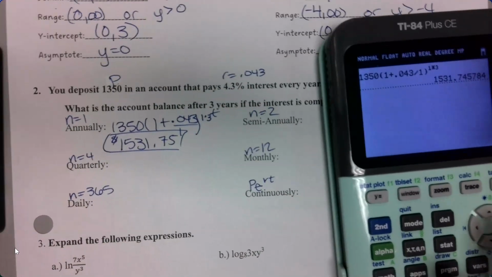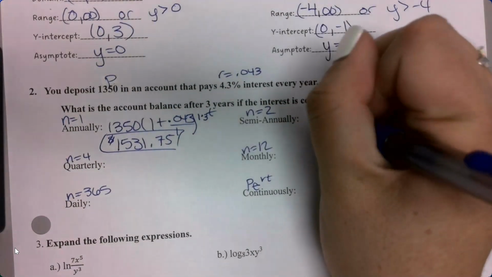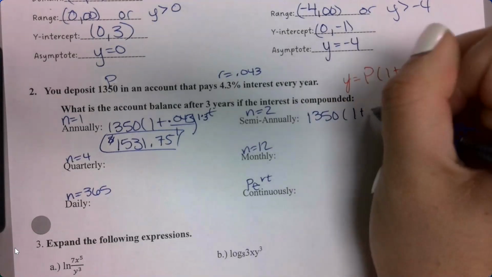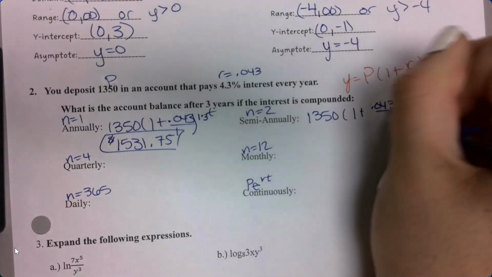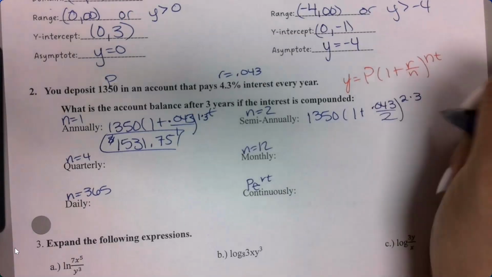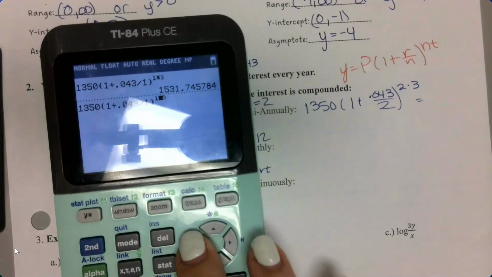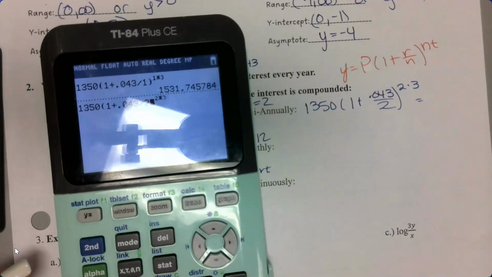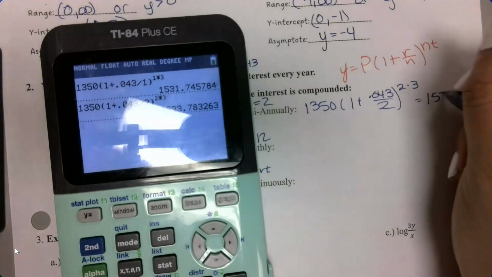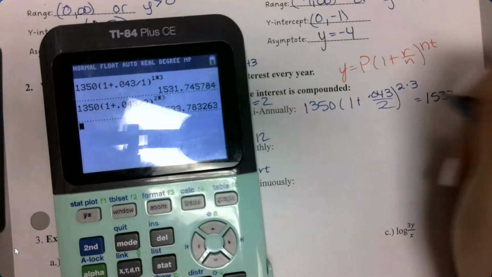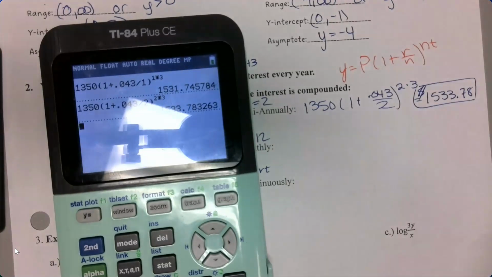Then semi-annually is plugging in 2. This one gets me 1533.78. Remember, I'm doing 2 decimal places because this is money.